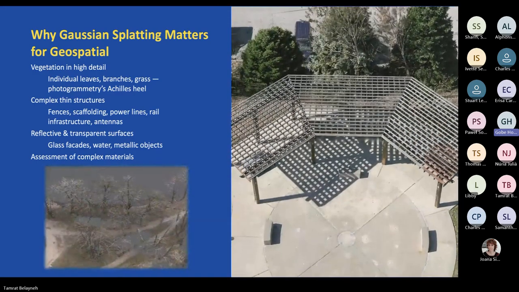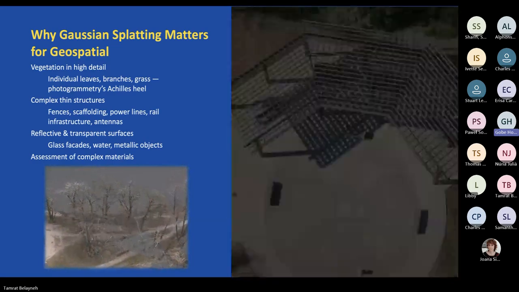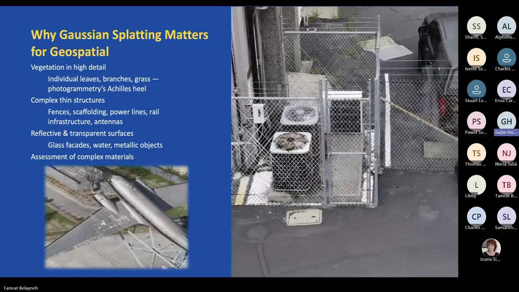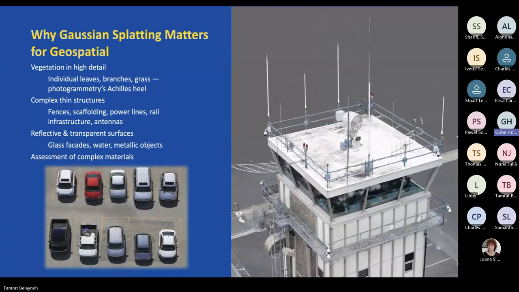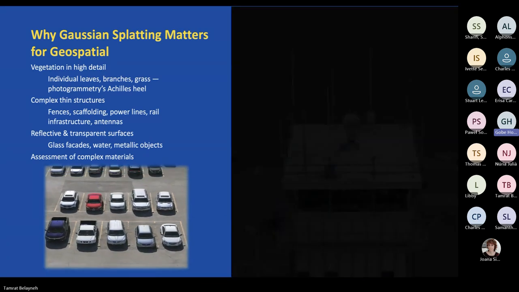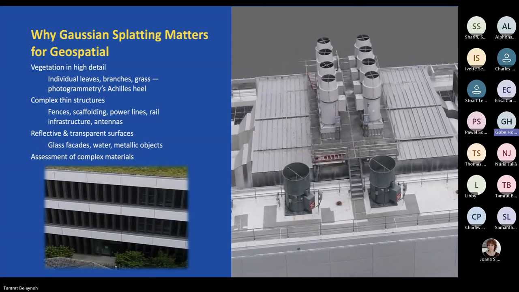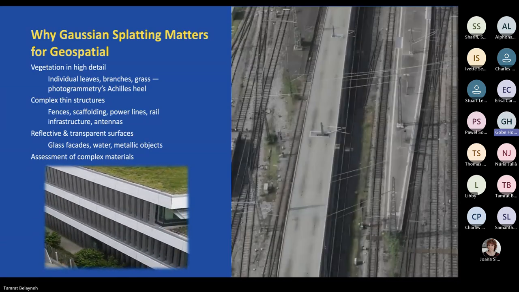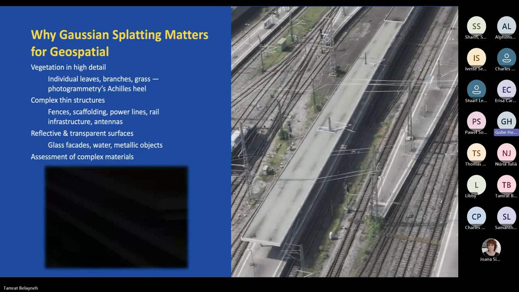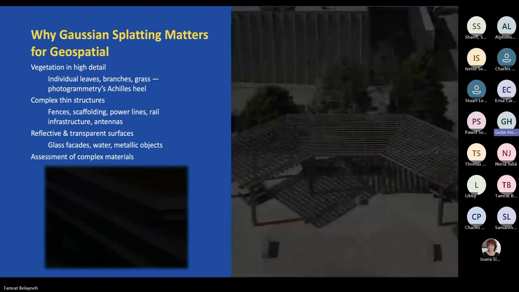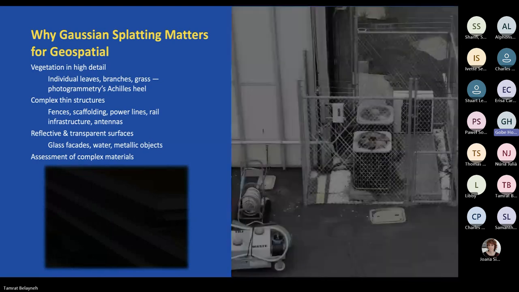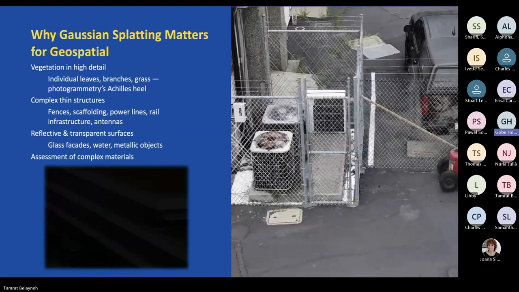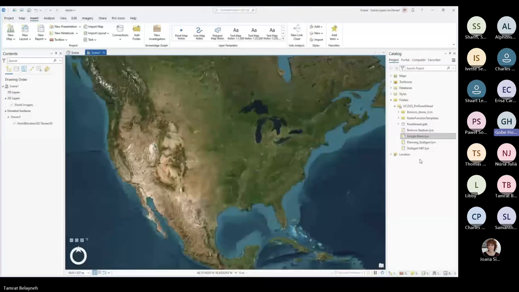They would look really ugly, and it wouldn't capture the visual fidelity of the scene that you're capturing. Now this is a possibility, right? Vegetation on the right side that you're looking at here is also accurately captured, and glass facades, water, and metallic objects are really well captured. So that's the value this brings, a new experience, if you will, in geospatial.